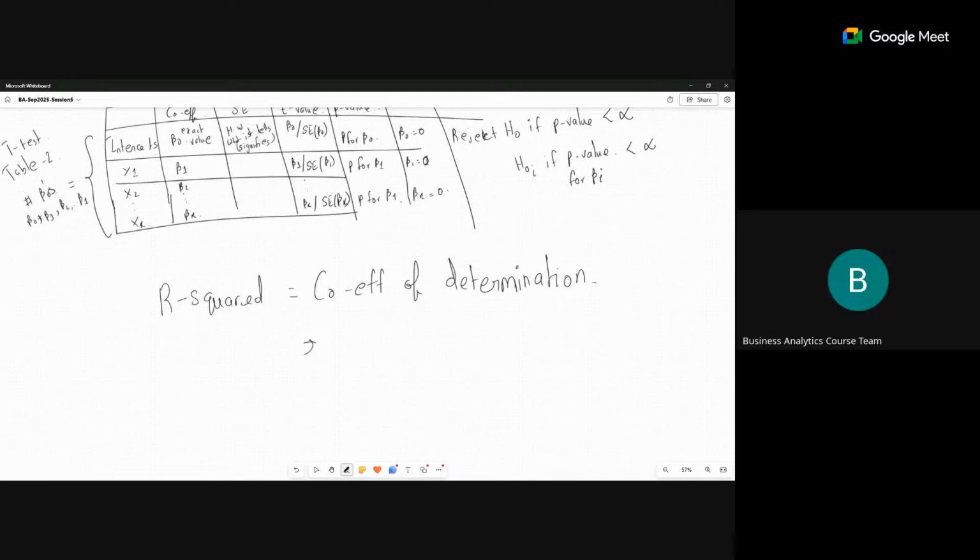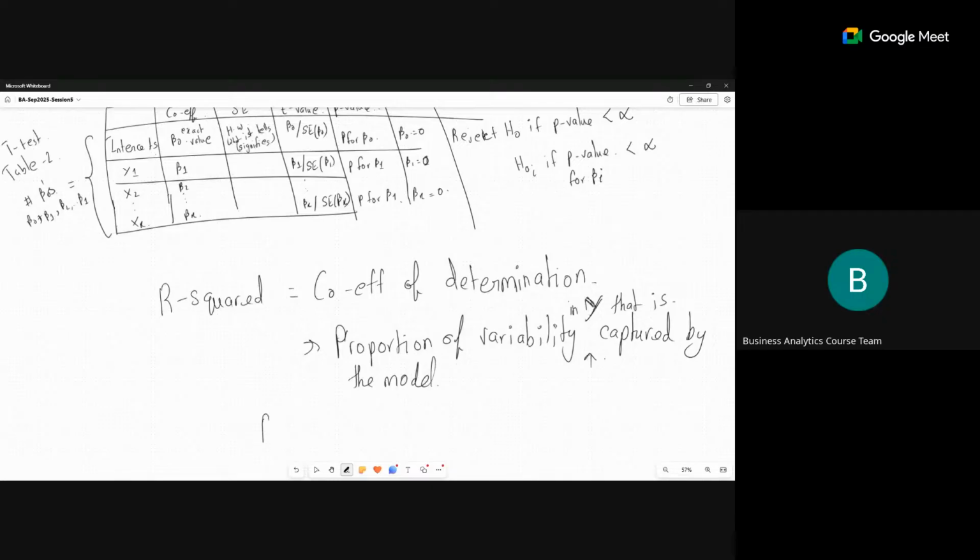and it basically means the proportion of variability in the dependent variable y that is captured by the model. So R squared is the proportion of variability captured by the model as compared to the total variability.